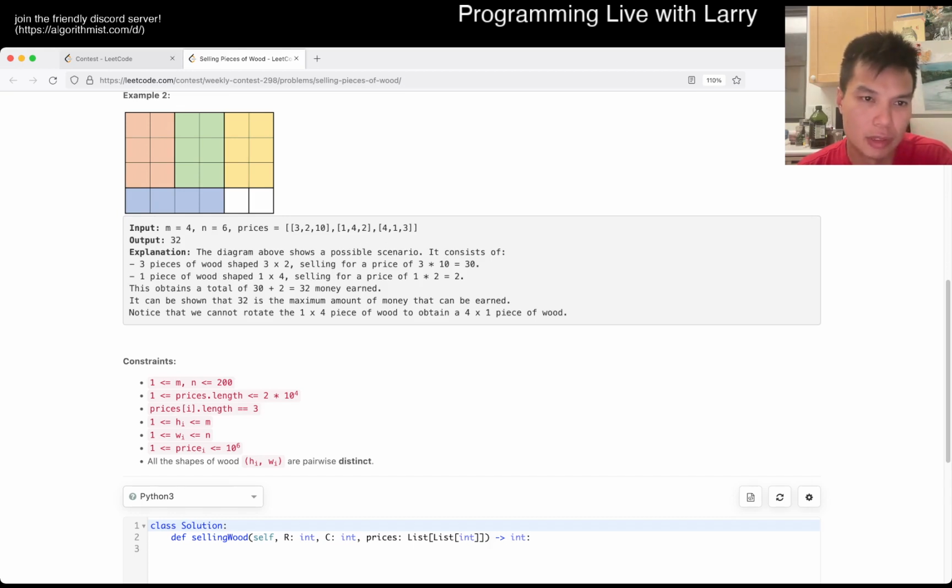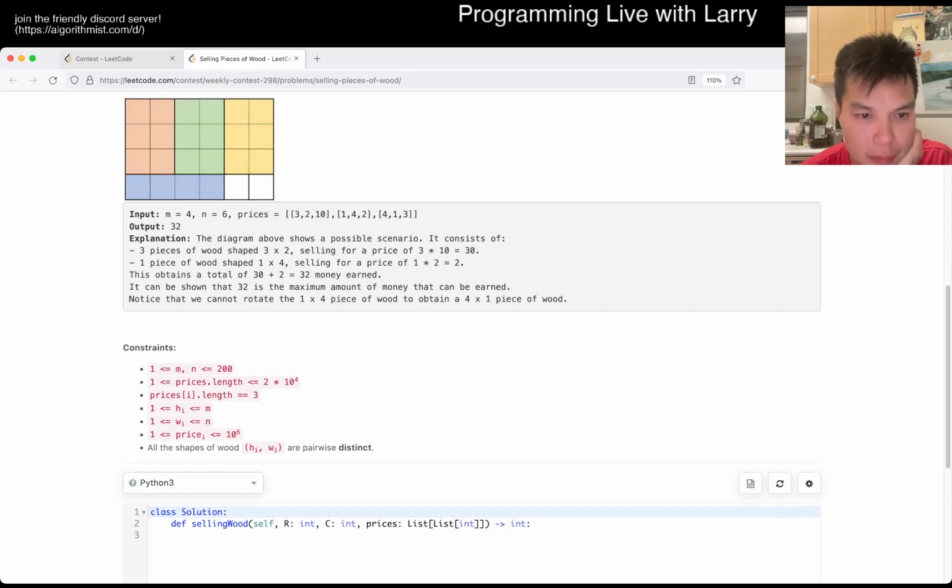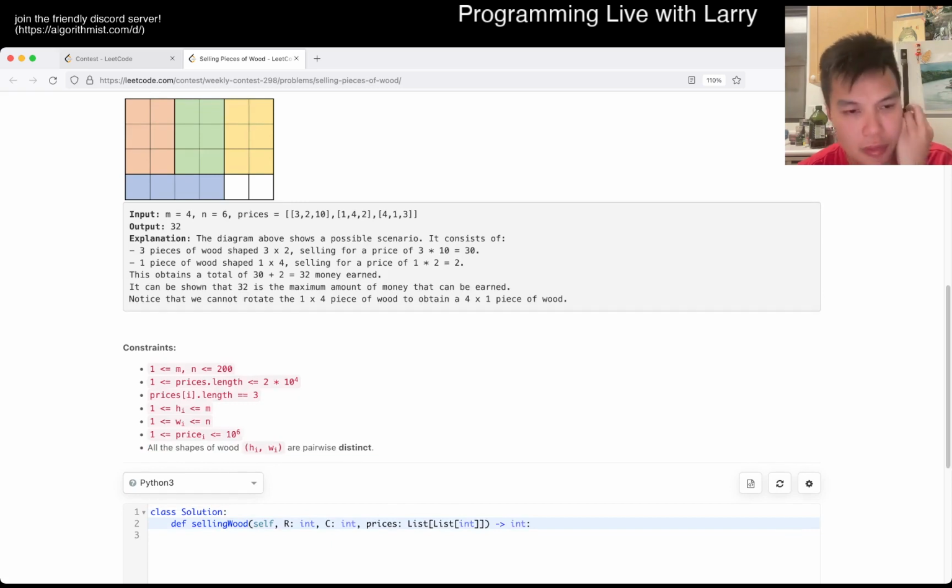Can I do greedy? How many prices? There's a lot of prices. 200 by 200. Can't really do recursion.